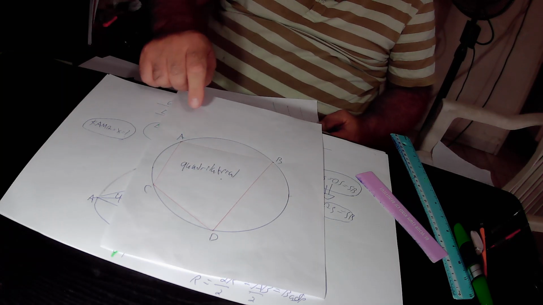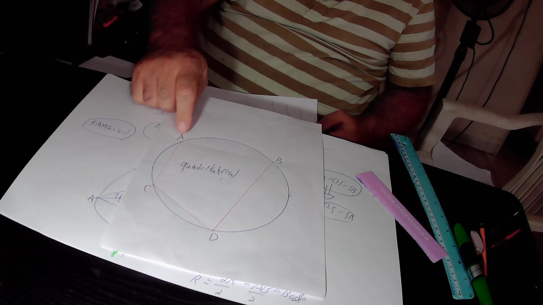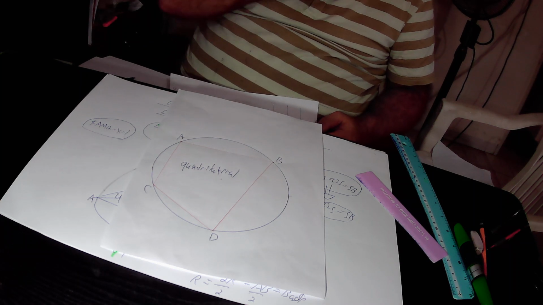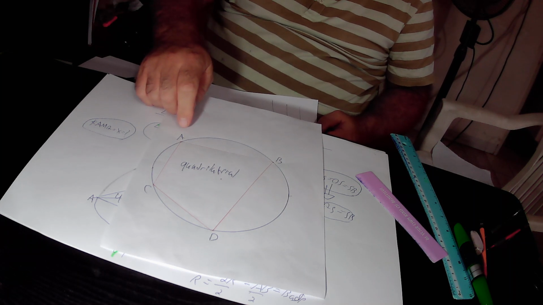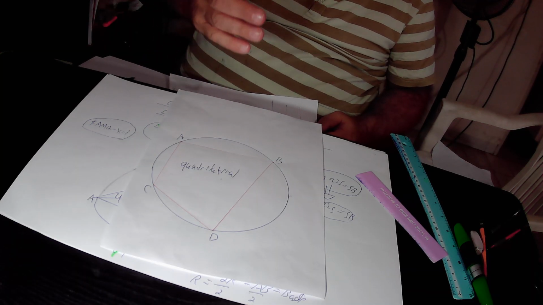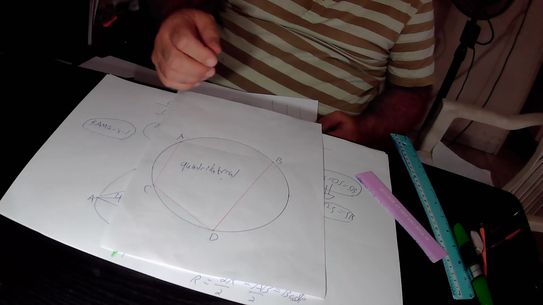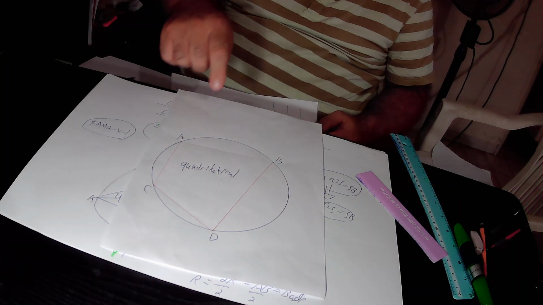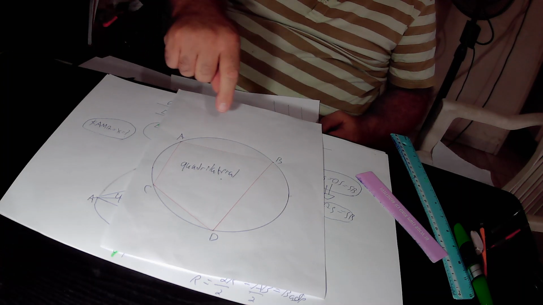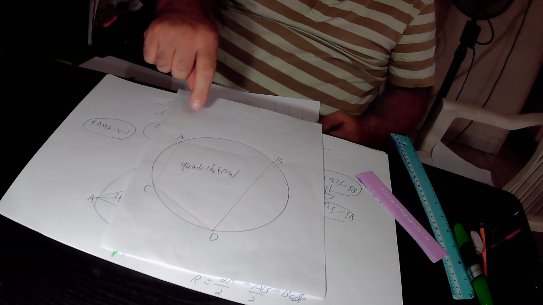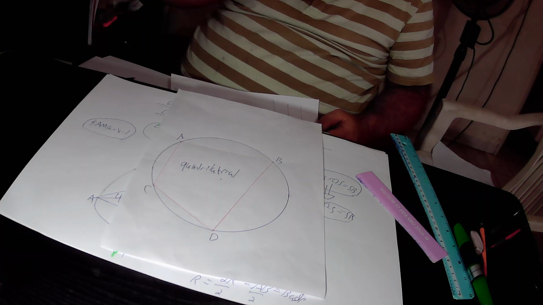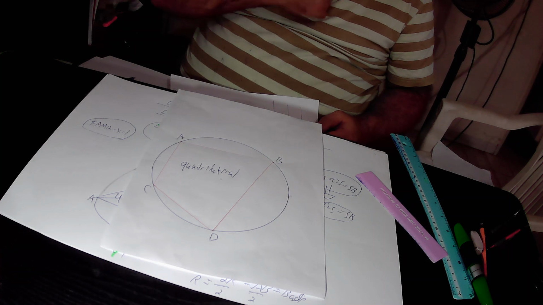Because all four vertices A, B, C, and D lie on the circle itself. So any quadrilateral whose four vertices all lie on a circle is a cyclic quadrilateral. This quadrilateral can be inscribed in a circle. You can see that the red quadrilateral ABCD is inscribed in the circle because all four vertices A, B, C, and D lie on the circle itself.